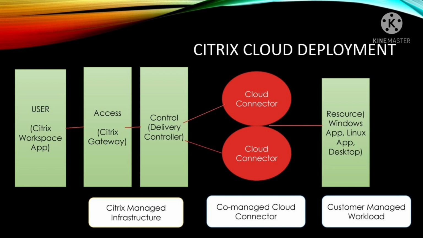Again, here the customer only has to install the cloud connector, whereas Citrix automatically updates the cloud connector, while the customer has to ensure the virtual machine hosting the connector software is always online.